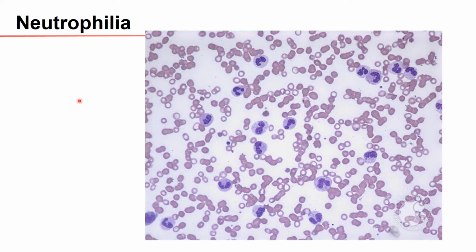When you look at a view, usually one view means we are using 400 times magnification, and you see how many nucleated cells per view. Usually you can see only one or a maximum of two, and here you see that mostly mature cells can be seen. Very few band cells are seen here. Mostly they are segmented granulocytes.